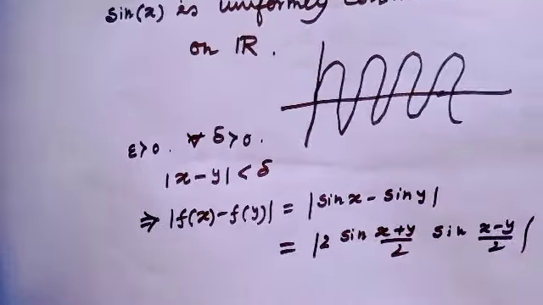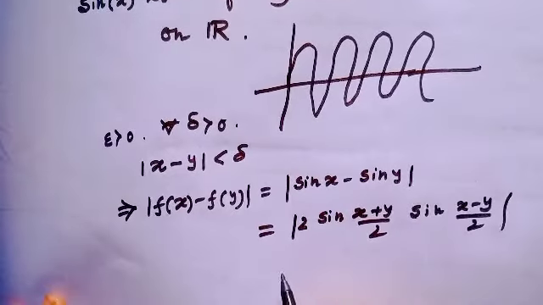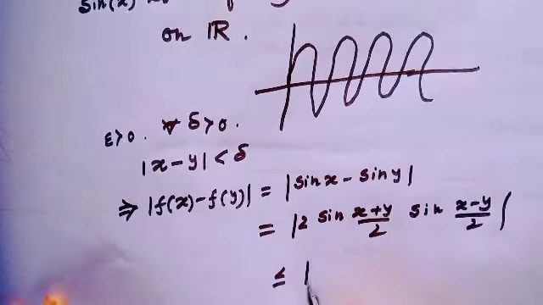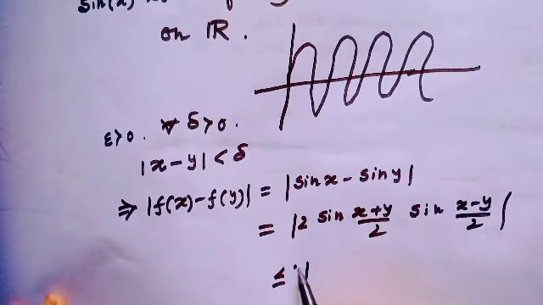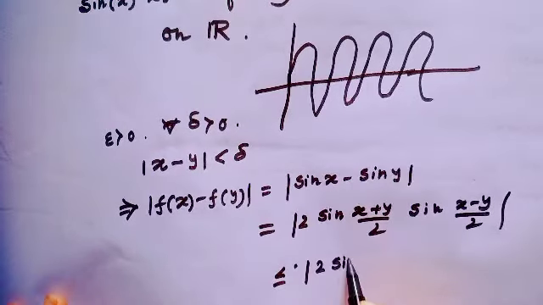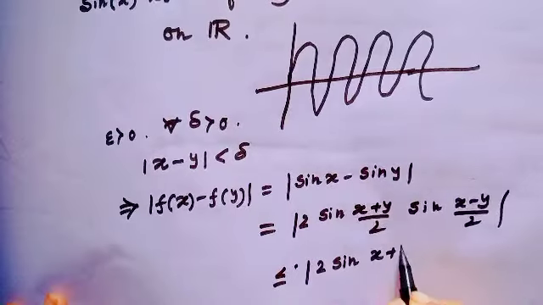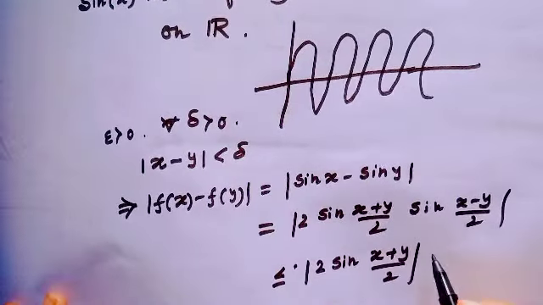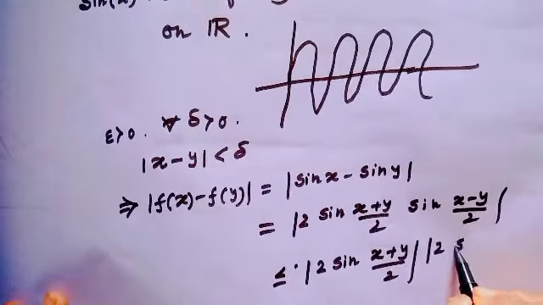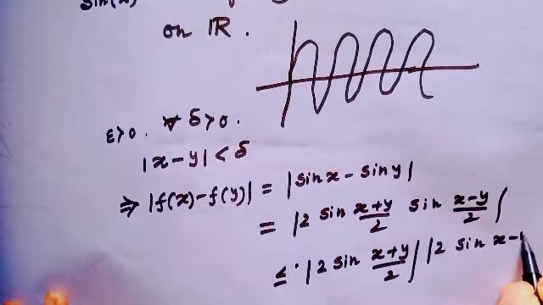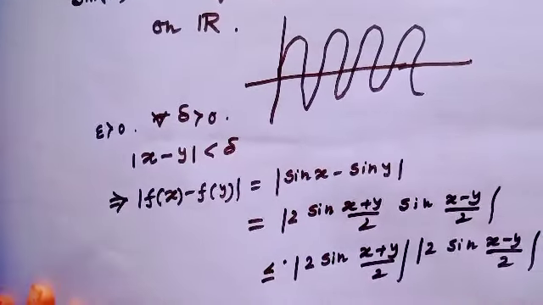We all know it, which is less than or equal to, we can write, 2 times absolute value of sin of (x plus y) over 2 times absolute value of sin of (x minus y) over 2.